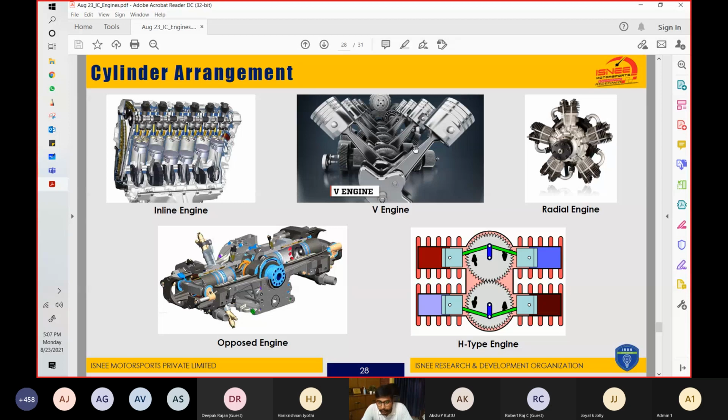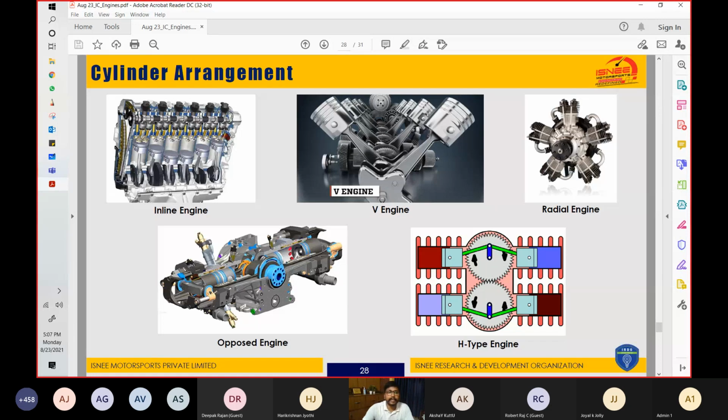Then this is the radial engine, where the cylinders are arranged in a radial manner. Then this is the opposed engine, basically a horizontally opposed engine, and you will see that the pistons are opposing each other. And this is the H arrangement, where the pistons are connected forming an H.